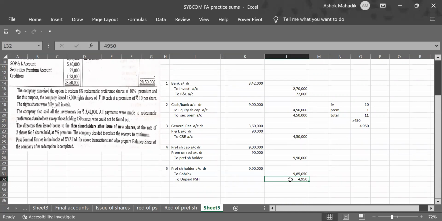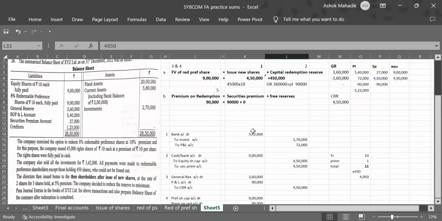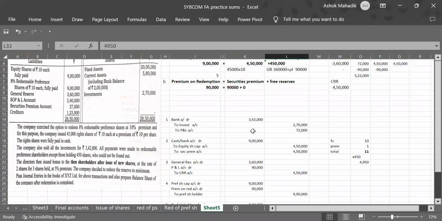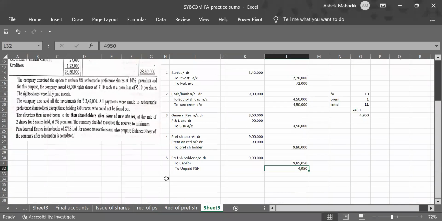Okay, so the next entry as per our equation will be writing off premium on redemption. So I'll do that. Sixth entry. Now whatever reserves we are going to use to write off the premium on redemption will be debited. So we are using the securities premium account. Securities premium account debit, to premium on redemption.